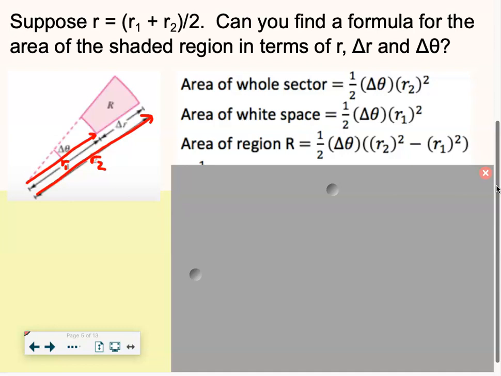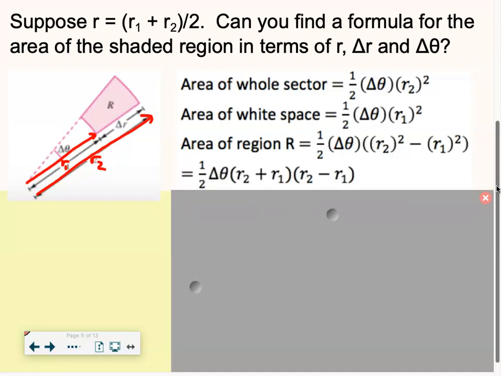But there's something cute about r sub 2 squared minus r sub 1 squared. It's the difference of squares, right? So if we factor it, we get 1/2 delta theta times (r2 plus r1) times (r2 minus r1). Well, (r2 plus r1) over 2 is the same as r, right?